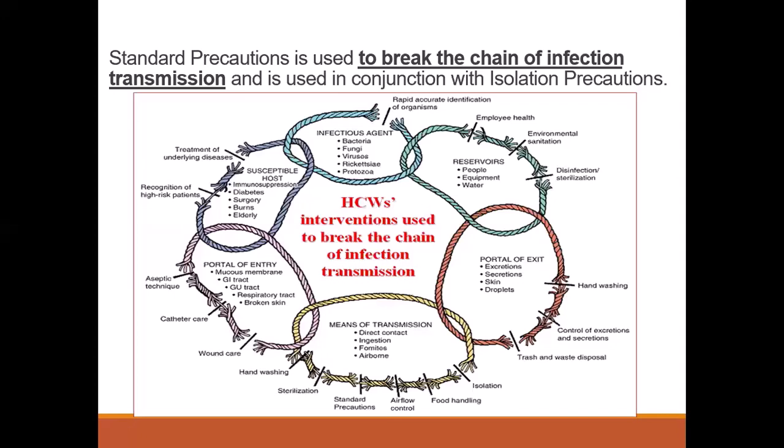Hand hygiene is implemented to break any infectious agent, but from the laboratory we are waiting for the lab report to identify what type of pathogen. So if we know whether it is a virus, parasite, or bacteria, we will know how to break this chain.